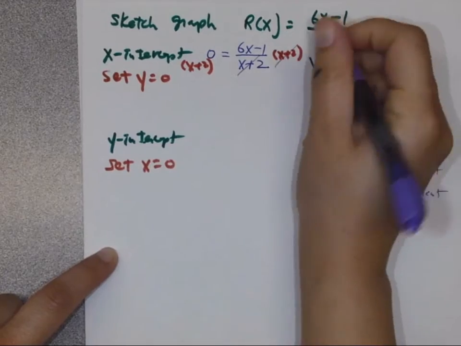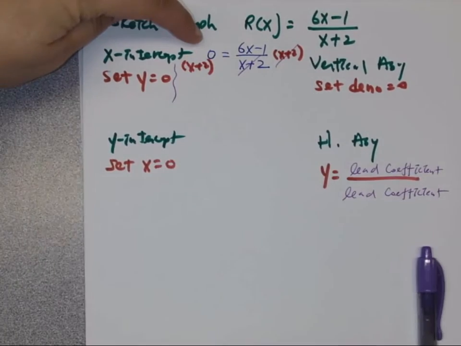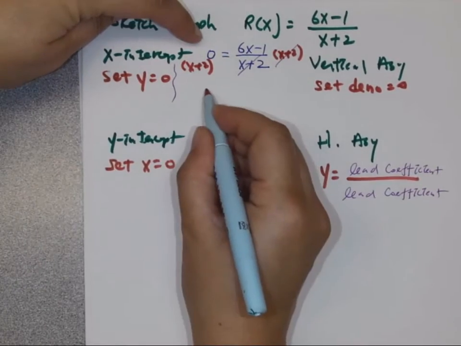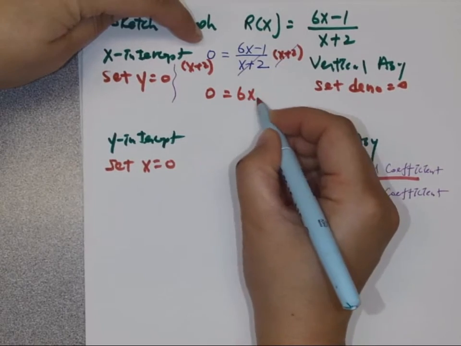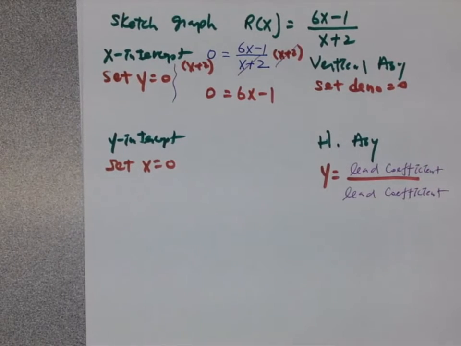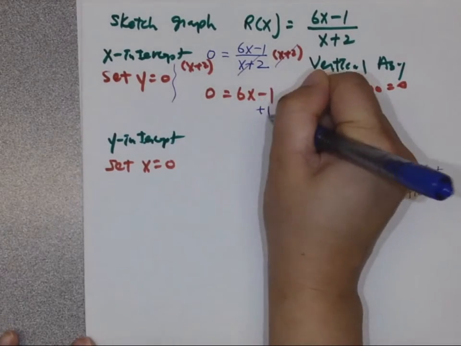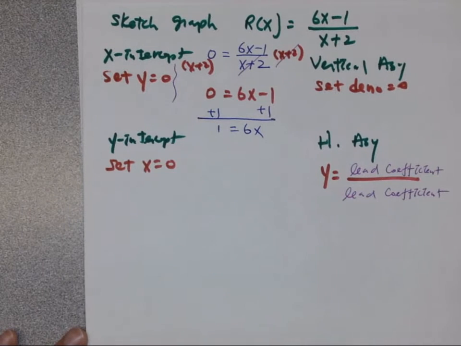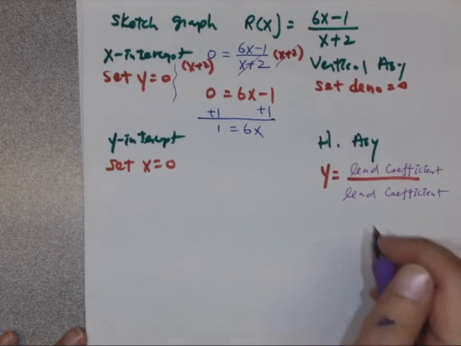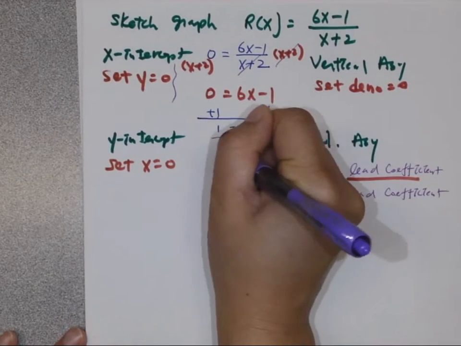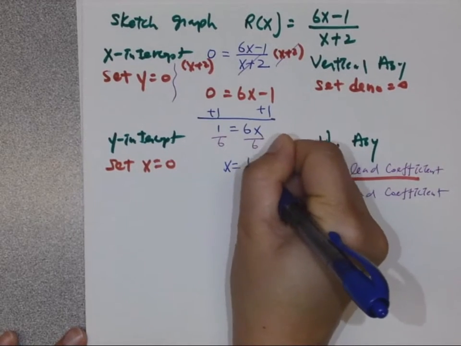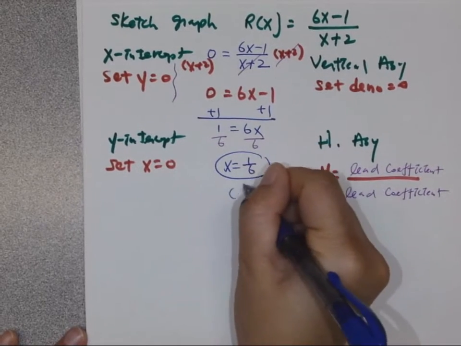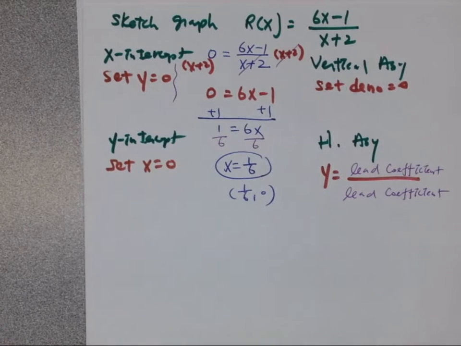So on the left, it's multiplied by 0, so it's still going to be 0 equal to 6x minus 1. And then we solve for x, right? So x equal to 1 over 6 is correct. So it's like (1/6, 0), right? For your x-intercept.